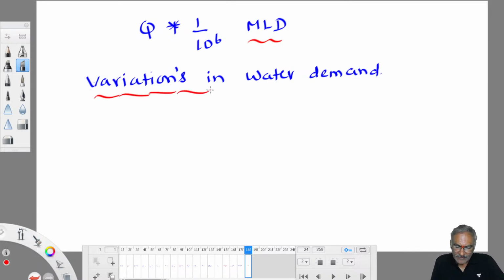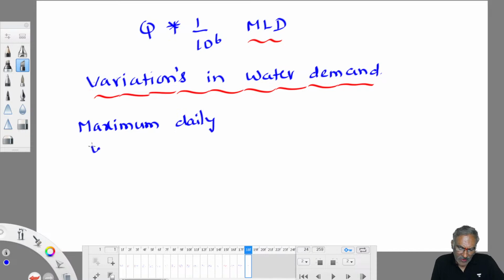The maximum daily water demand of a community, I am talking about the entire community, not an individual, the total community for which the system is to be designed.